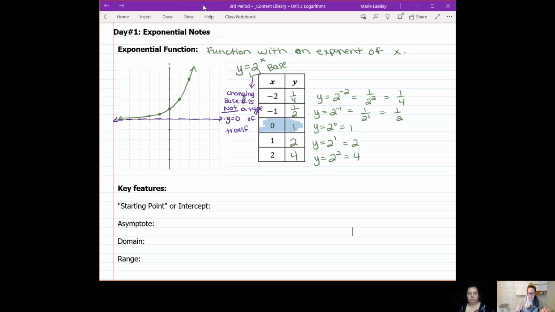So when we say starting point or intercept, we're talking about that point 0, 1. In exponentials, that point 0, 1 is very important. No matter what your base is, you will always have this point.